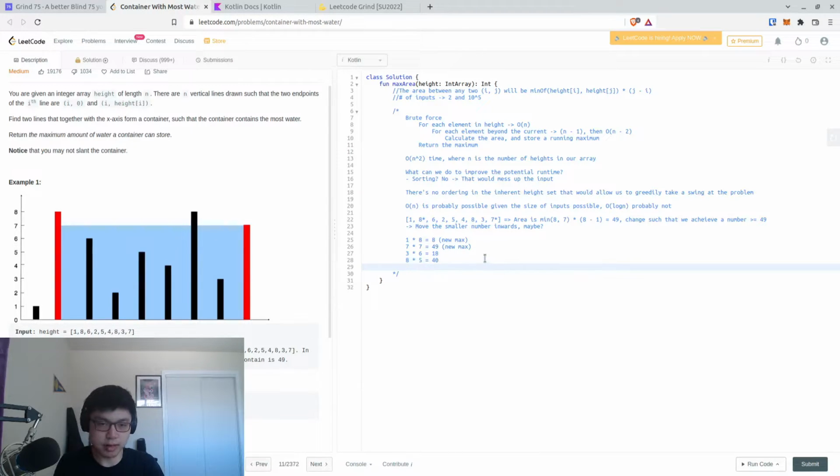Then we move it down to, well, here we could probably move. Should we move both of them in this case? We move both if they are equal. That's a good question.